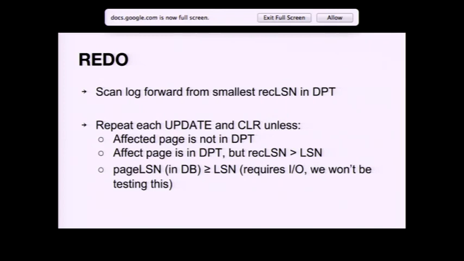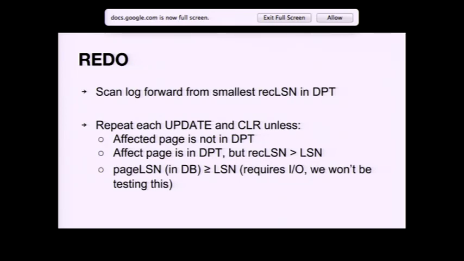If the affected page is in the dirty page table, but rec LSN is greater than whatever LSN we're repeating right now, that means that the first thing that made that page dirty is after this LSN. So again, we don't actually worry about it. The third condition, we're not going to be testing because it's too complicated.